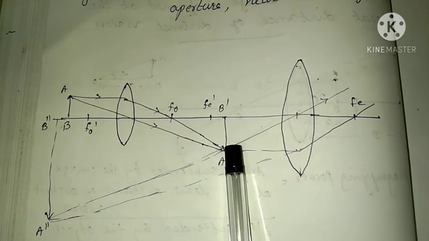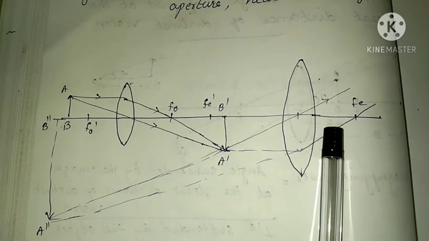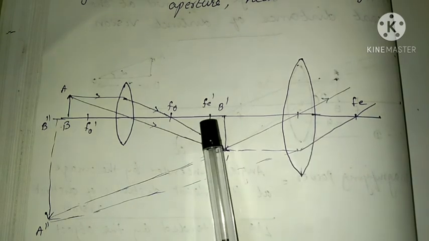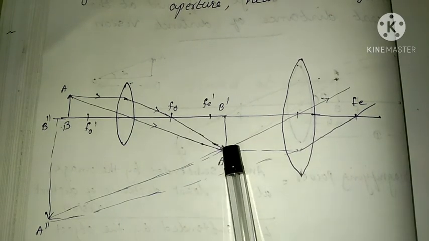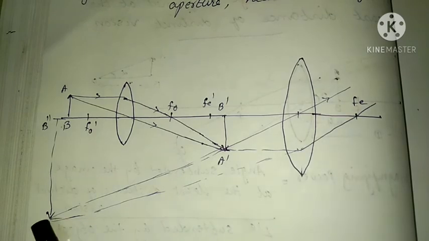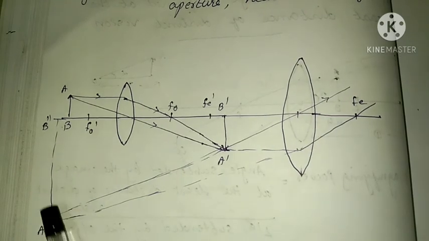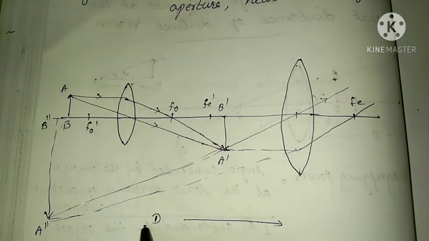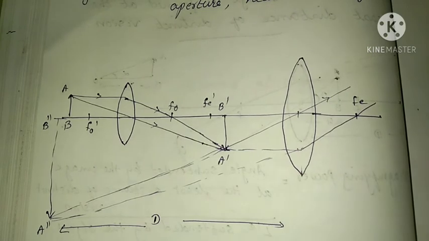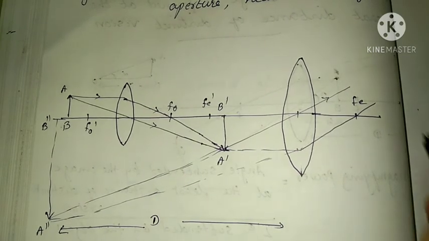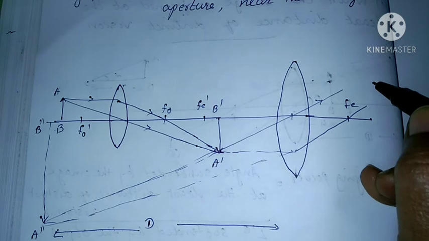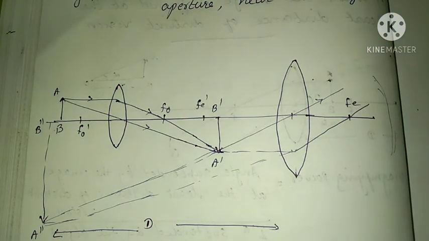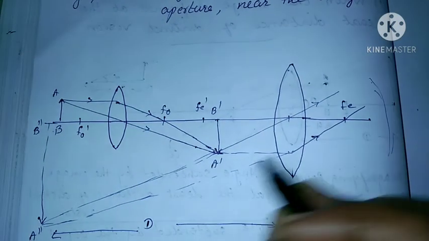That image acts as an object for the eyepiece, so it lies in between the optic center and the focus of the eyepiece. Then after the refraction, a final image is formed at the least distance of distinct vision from the eye. So we can see the image in this portion. Clear? So this is the ray diagram.